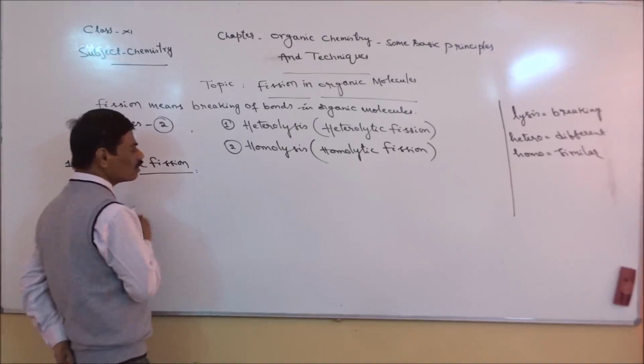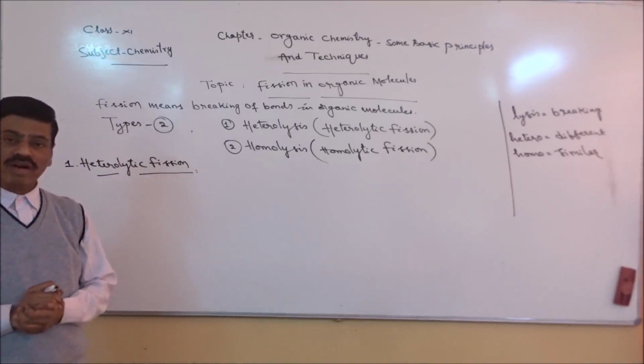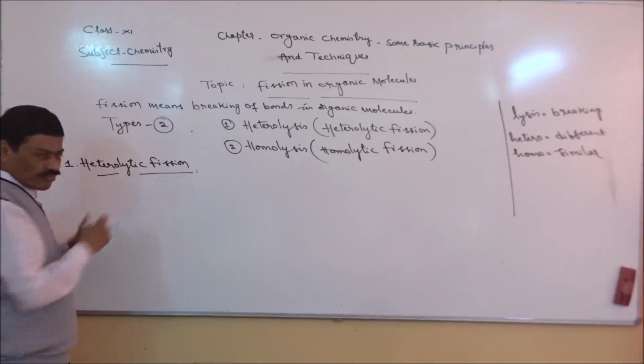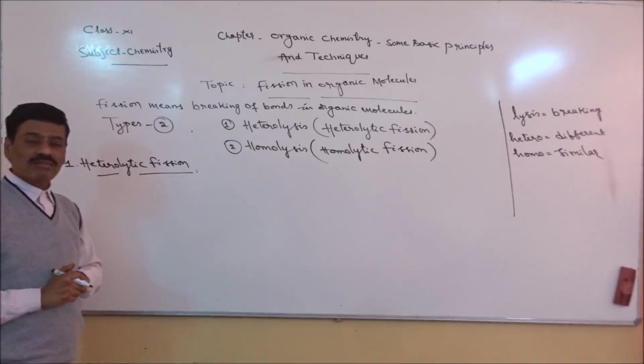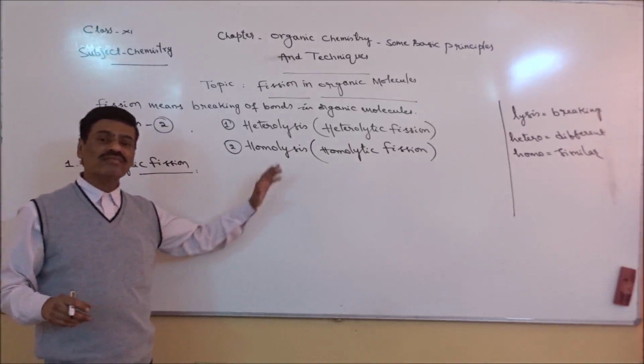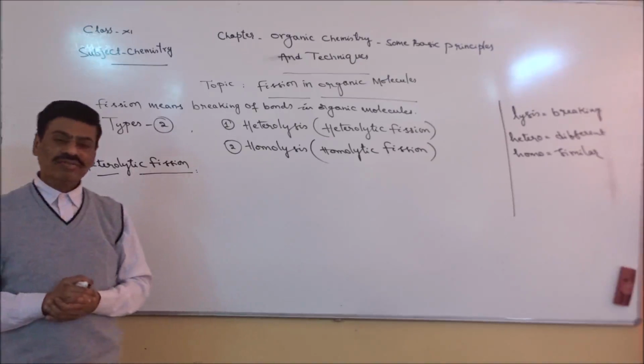To understand this, we can go for bromoethane molecules. So the concept is breaking off the molecule in such a way as to give two different fragments, known as heterolytic fission.